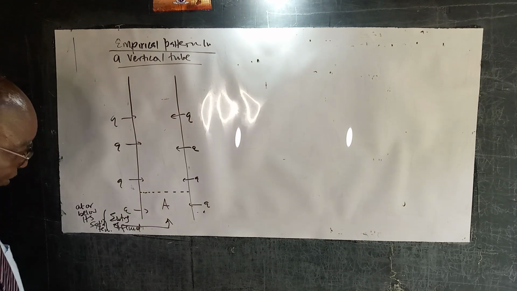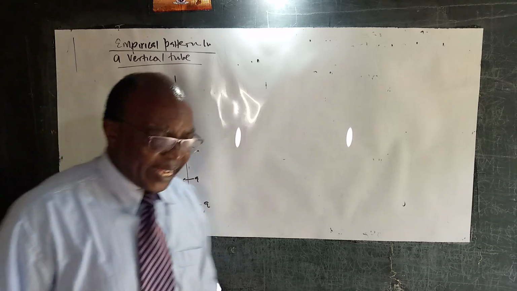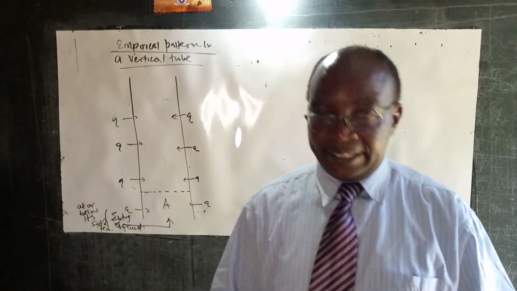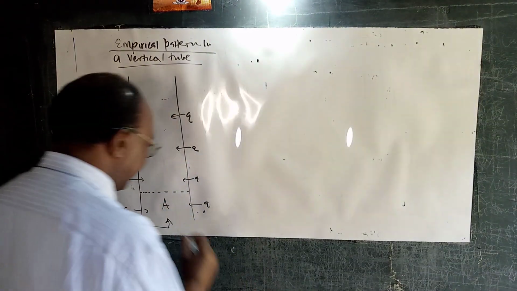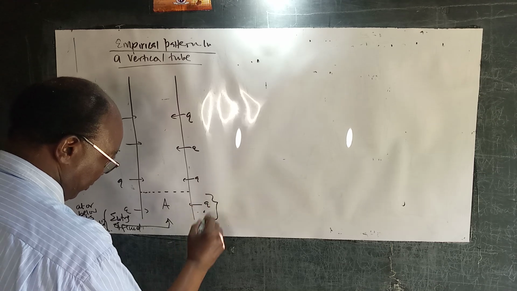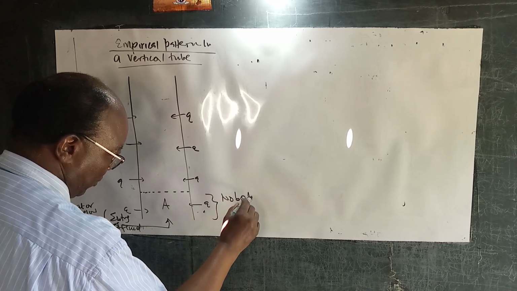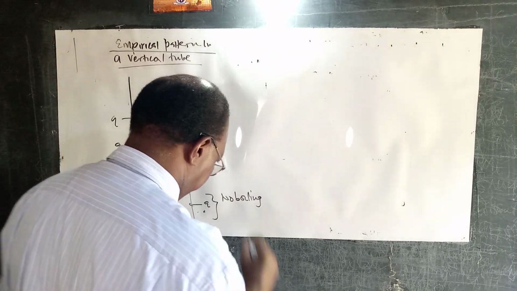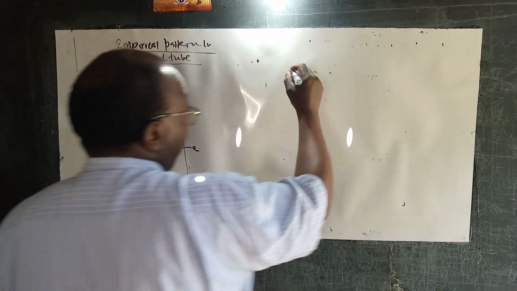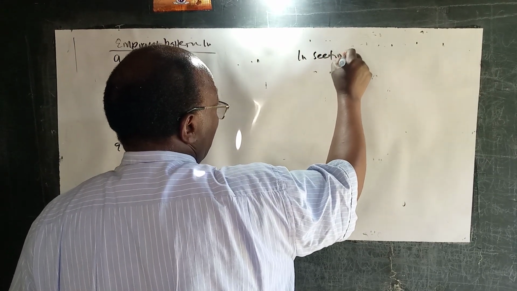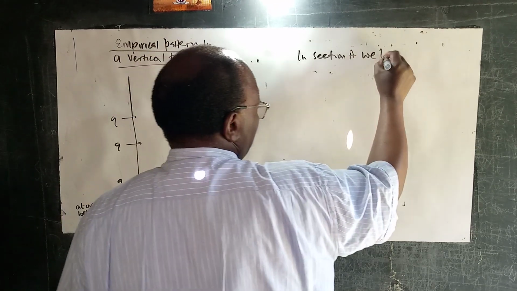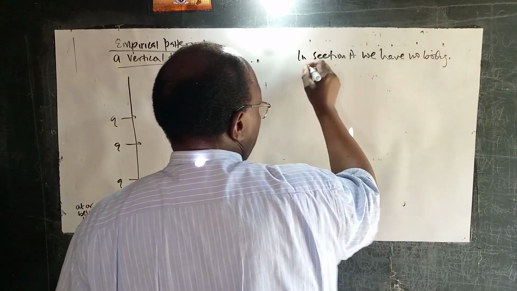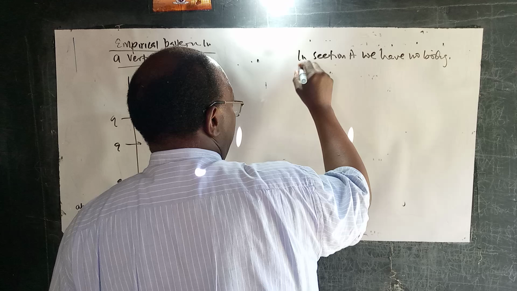So at A, we can comfortably say that there's no boiling in this section, and so basically we have free convection. Vertical conduction is by free convection.